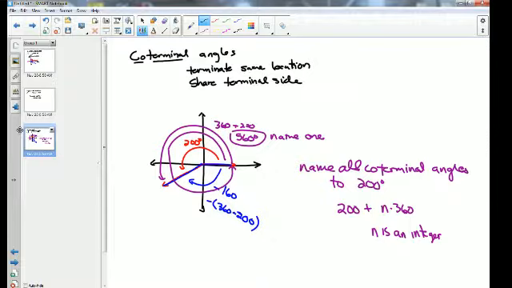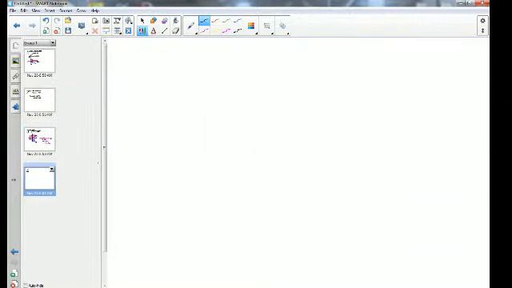Okay, here's probably the most important part of today, because it's going to affect the rest of your year. This all affects the rest of your year, but this is something that may be new to a lot of you. It's called a reference angle. You know what sine, cosine, and tangent are?